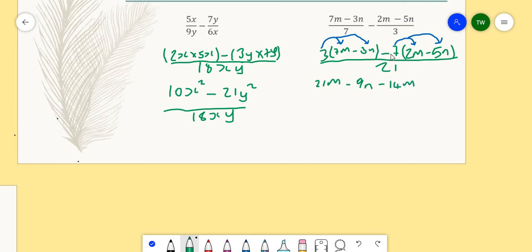Then it's going to be -7 times -5n, and that's going to give us a positive 35n. And all of this should be placed over our common denominator of 21.